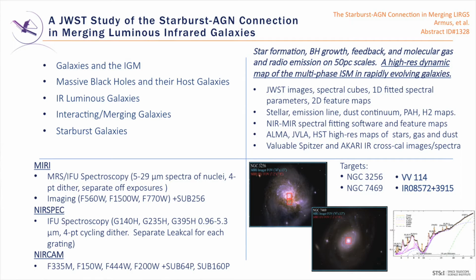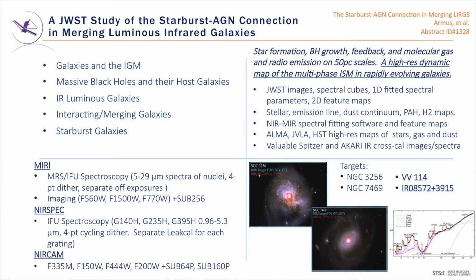And so I'm showing a couple of the sources down there. There's NGC 3256, which is a 2 nuclei merging starburst galaxy, and NGC 7469. So many of the people in the audience know these sources, have studied these sources in their career. 7469 is a nearby Seyfert with a starburst ring. And I've listed the 4 sources we're going to do there. There's a typo. It's IR 08572+3915, not minus 3915. It's one of the most obscured infrared galaxies in the local universe with a powerful outflow.